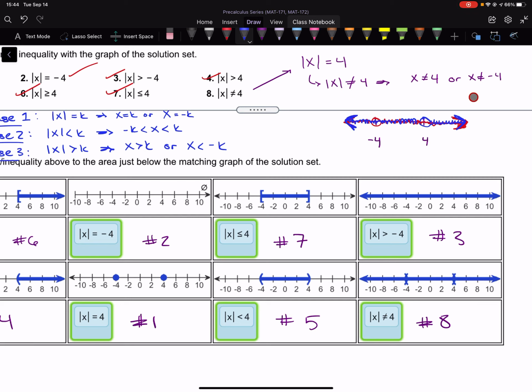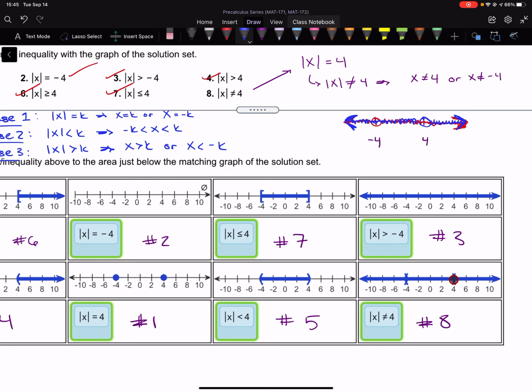So the only thing that kind of resembles this graph is going to be what we see here, in that we would shade. So with this sort of not including 4, you have an interval that goes this direction, and it also goes this direction.